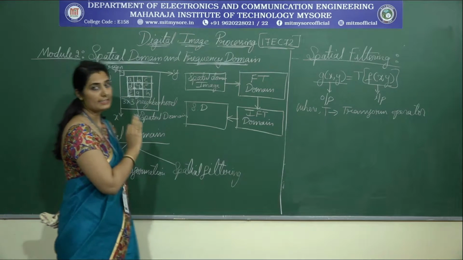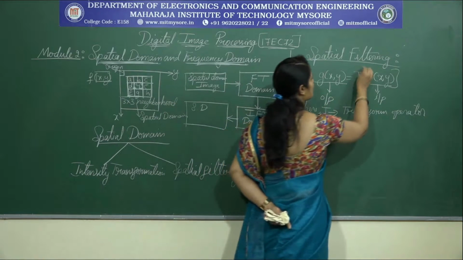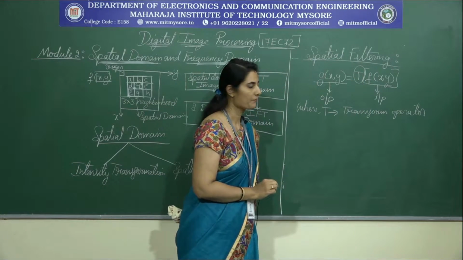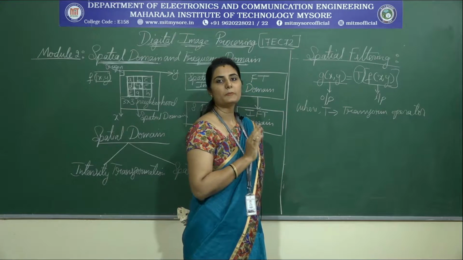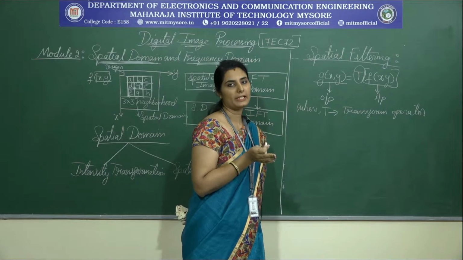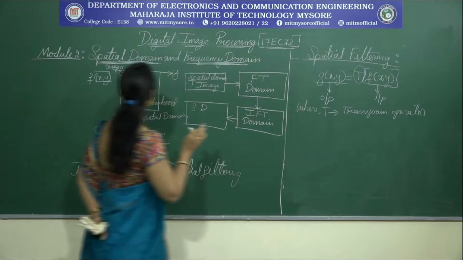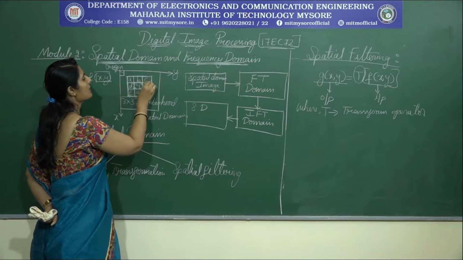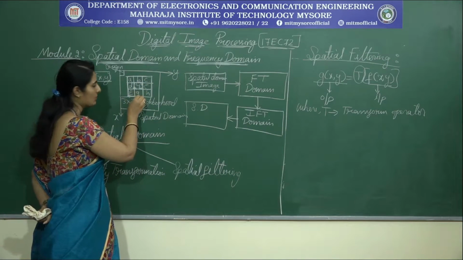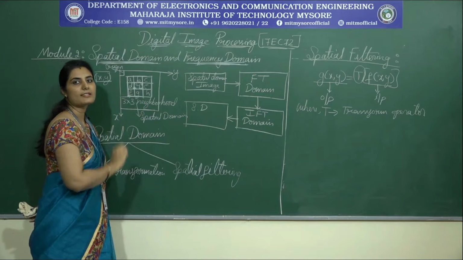This again depends on the transform operator T. Suppose this transform operator is the average operator, so that means it has to find the average value of all its neighborhood to find its output.